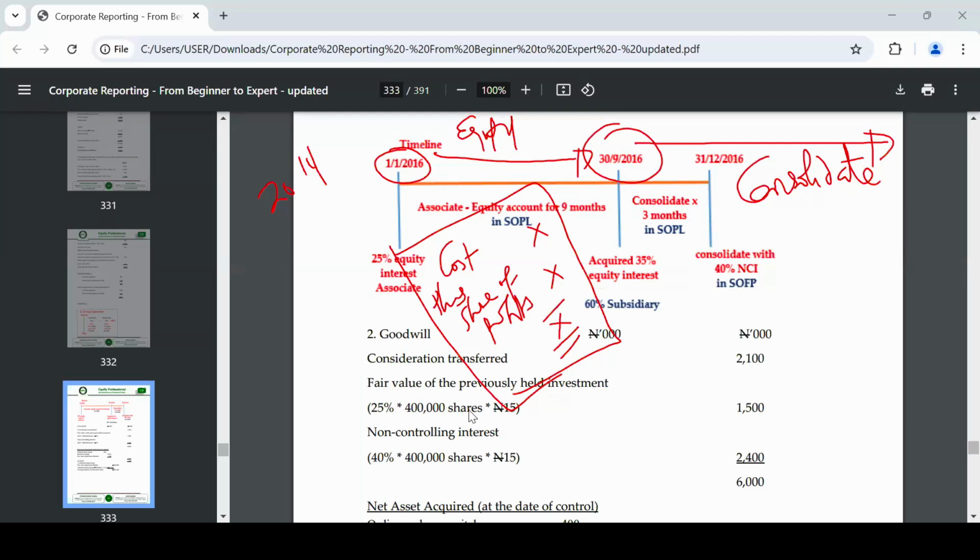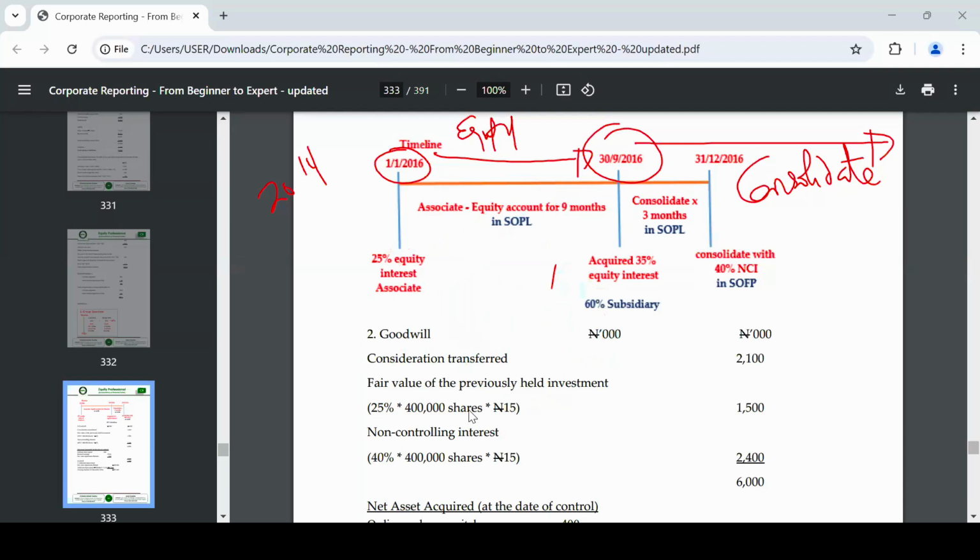But let's go into the calculation of goodwill now. I think it's easy now from here. How do we calculate goodwill? Okay, consideration, 2.1 million, isn't it? Now, the previously held investment came at a cost of 1,010,000.